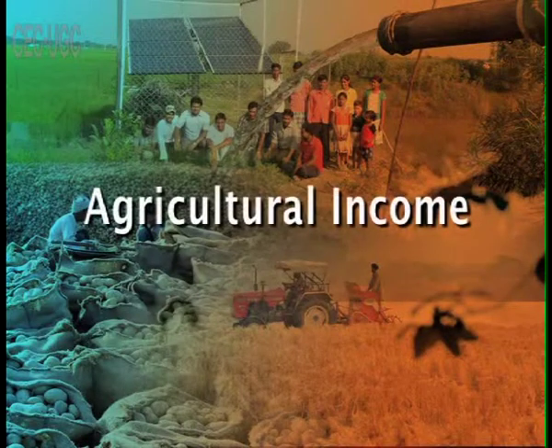A marginal relief may be provided to ensure that the additional income tax payable, including surcharge, on excess of income over 10 lakhs is limited to the amount by which income is more than the mentioned amount. Agricultural income is always exempted from income tax.